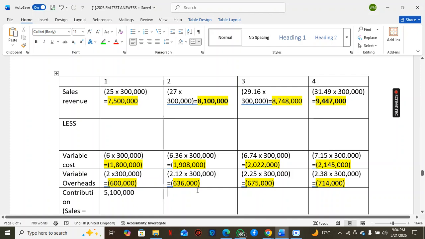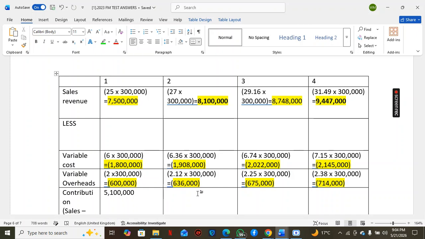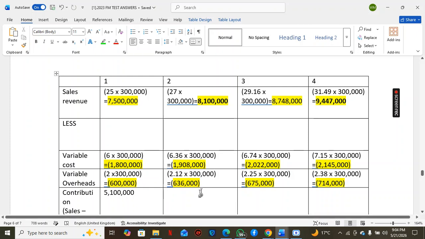Don't worry about the workings. 40 marks. If it carries less, it's not even worth attempting. If you see it at 20 marks, don't waste your time. Unless it is 40 and above, that's when you attempt it.